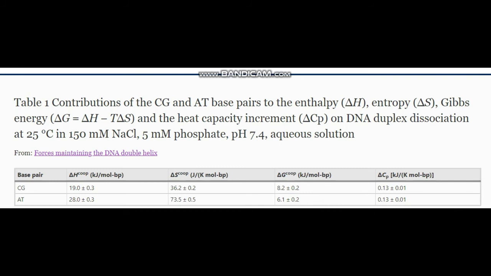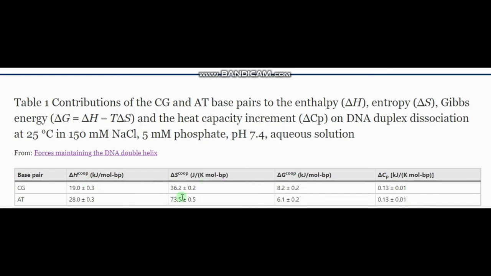What you can also see is that the contribution to delta G is bigger for GC base pairs than it is for AT base pairs. And we've already mentioned that it's been known for a long time that DNA with a higher content of GC base pairs has a higher temperature required for its unfolding. In other words, is more stable. And that's supported, therefore, by these delta G measurements here.